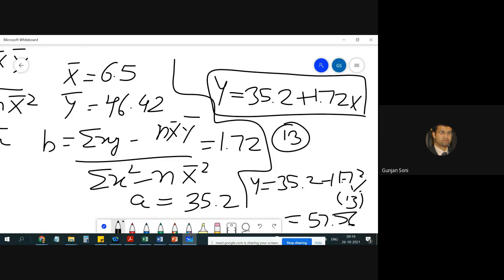And the trend, we're going to get a line like this. I'm just sending a photograph in the group. This is how the pink line fits.